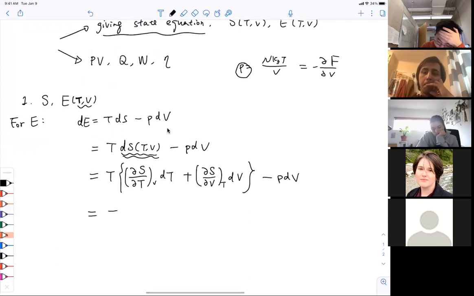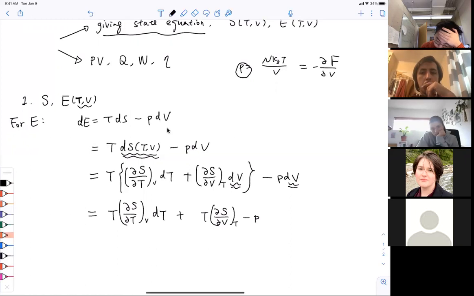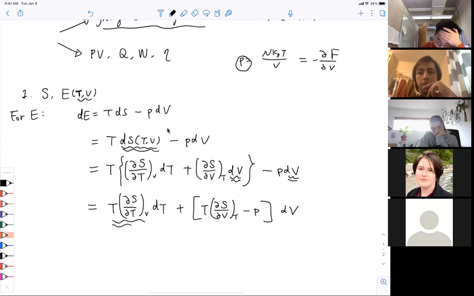And this is dV, this is dV, so we can combine those two terms. This is nothing but the heat capacity, right?